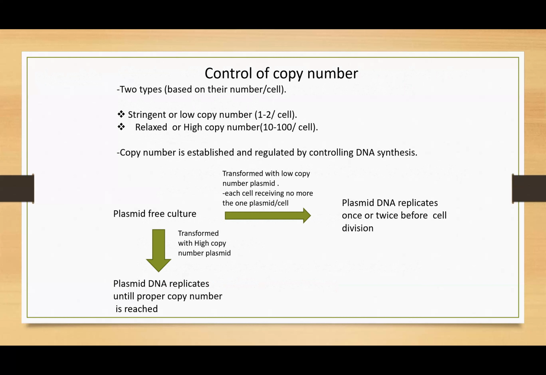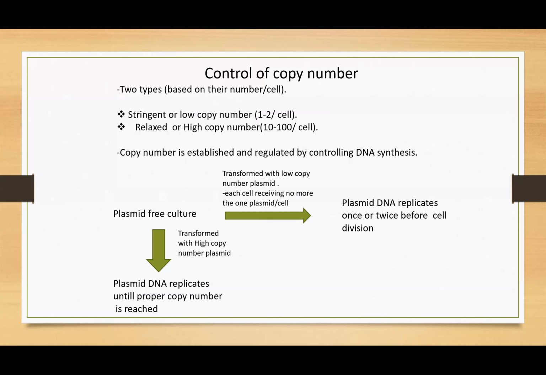Before I proceed further, let me tell you that one of the ways to classify different plasmids is based on their number in a cell. If a plasmid is present in lower numbers, say 1 to 9 or 1 to 10, it is called a stringent plasmid or low copy number plasmid.